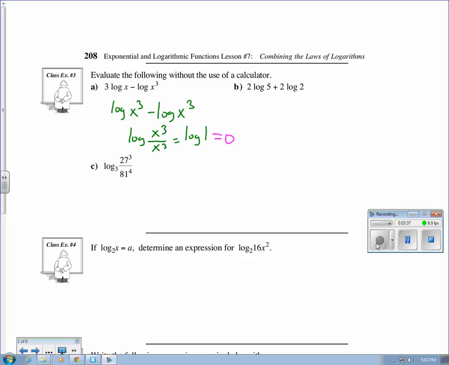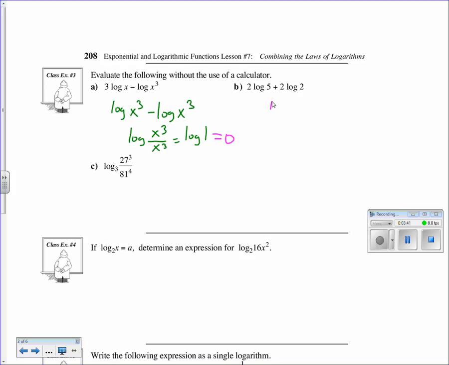In the next one, I've got the same kind of application. The 2 is going to move up. So log of 5 squared plus log of 2 squared. Those have to be multiplied together.